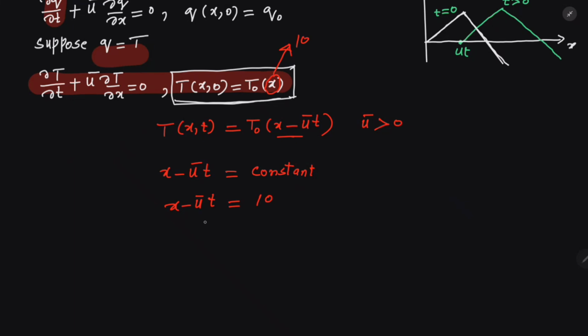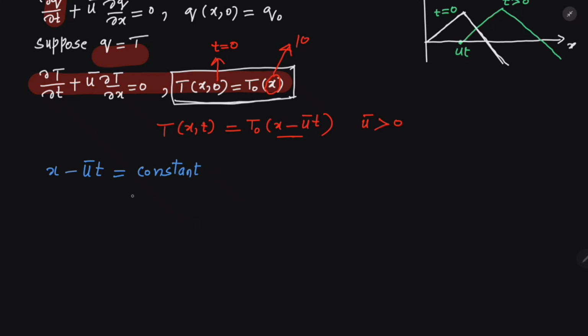As you can see, when t is equal to 0, x is equal to 10. So that quantity remains constant. So we understand that. One result is x minus u bar t remains constant.